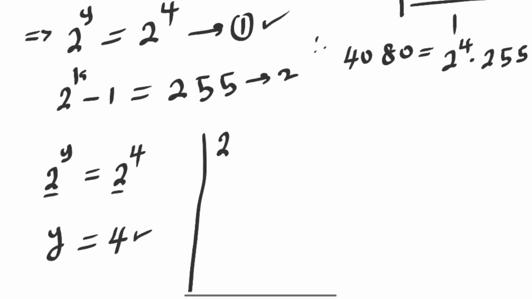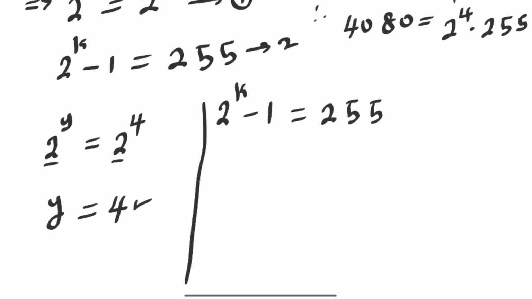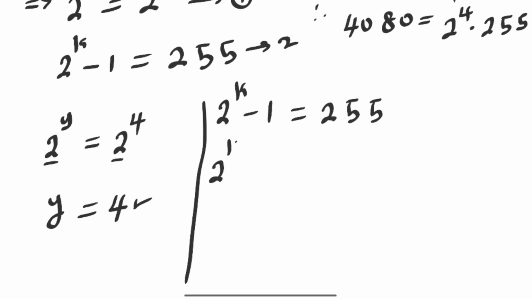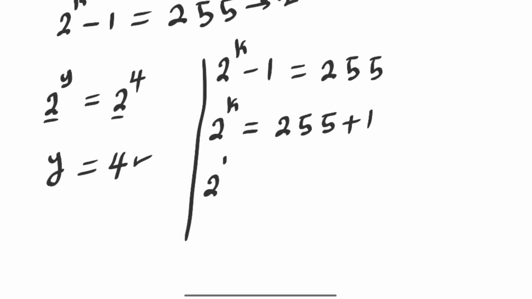Also, 2 raised to power k minus 1 is equal to 255. Then 2 raised to power k is equal to 255 plus 1. 2 raised to power k is equal to 256.